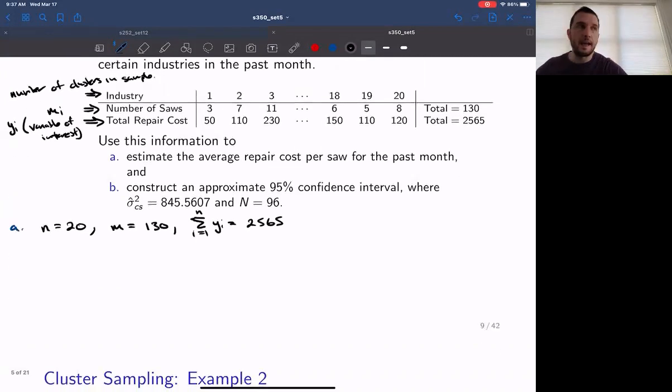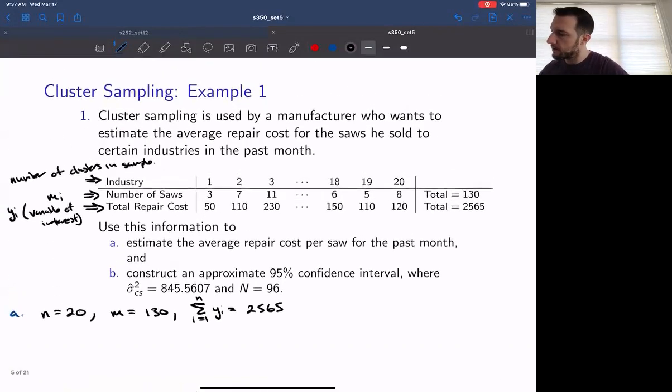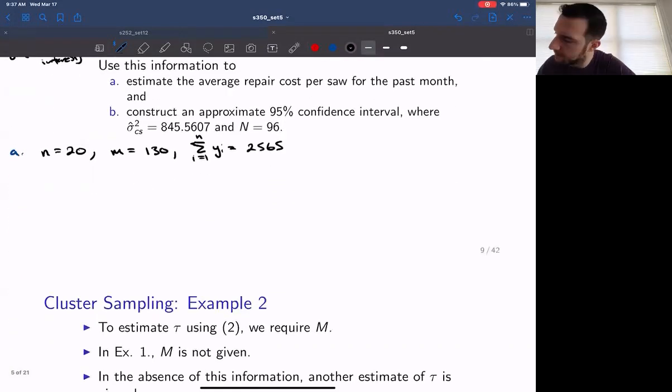All right, in part A, we want to estimate the average repair cost per cluster using cluster sampling. From our declaration on the previous slide, mu hat C is equal to the sum from i equals 1 to n of the yi, divided by the sum.